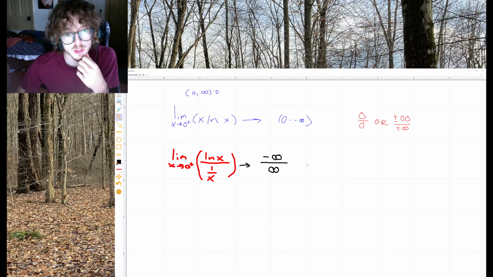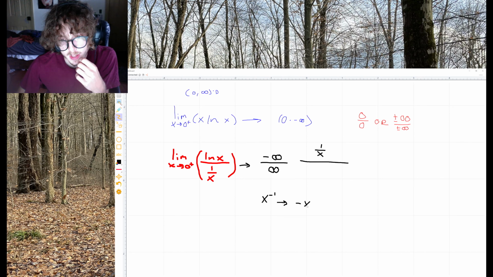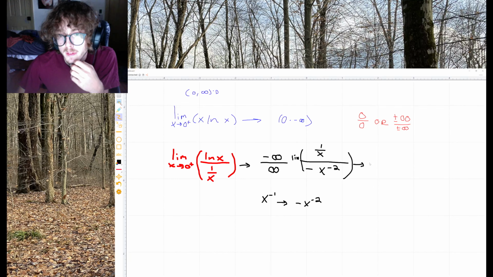Let's do the derivative of the top, which is just 1 over x, and then we're going to put that over the derivative of 1 over x. So x to the negative 1 is going to turn into negative x to the negative 2. Of course we're taking the limit, so I'm just going to put a little baby limit here.